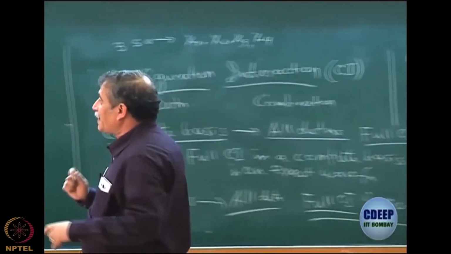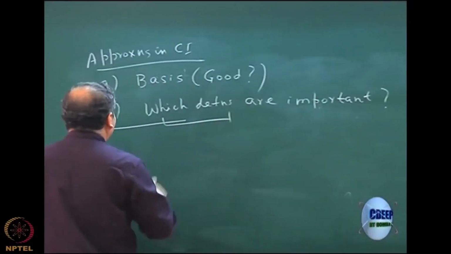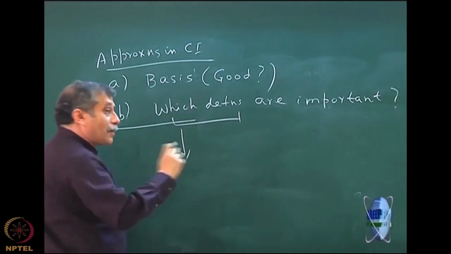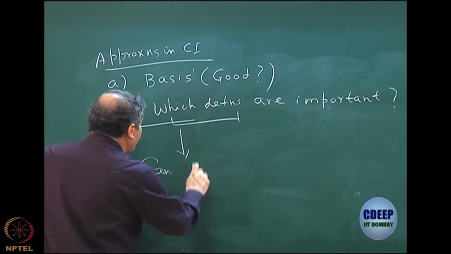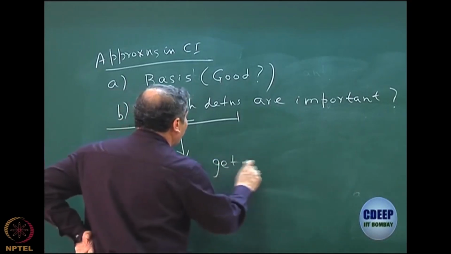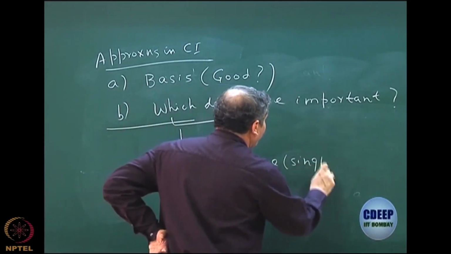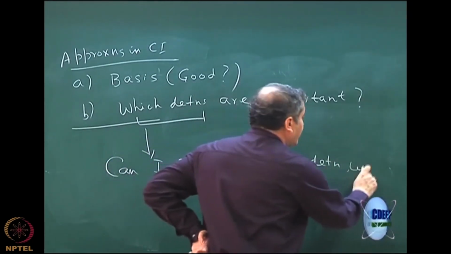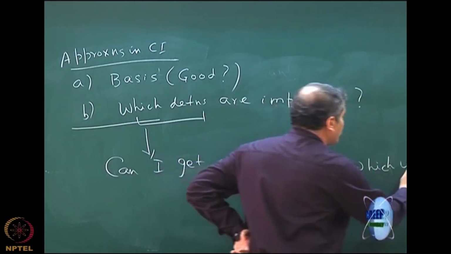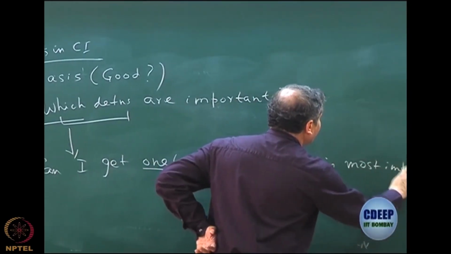So, when I am saying which determinant is important, one very important approximation that we want to do is: can I get one determinant, which is very important? One means single. Whenever I am saying determinant, please remember it is a Slater determinant.